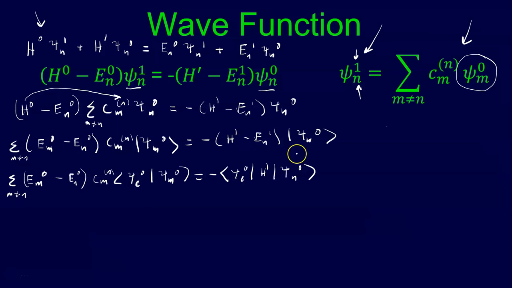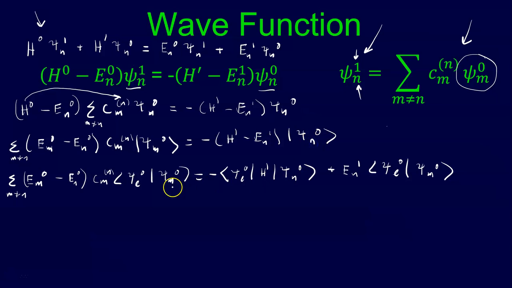And then it'll be plus, this is a constant, so we can just pull this out, plus En1, psi L0, psi N0.